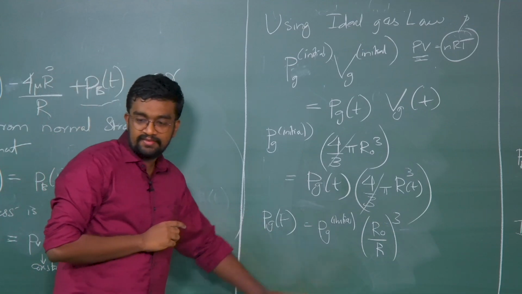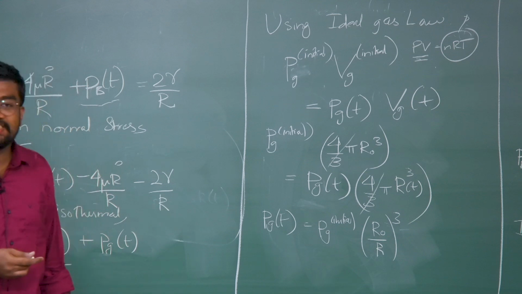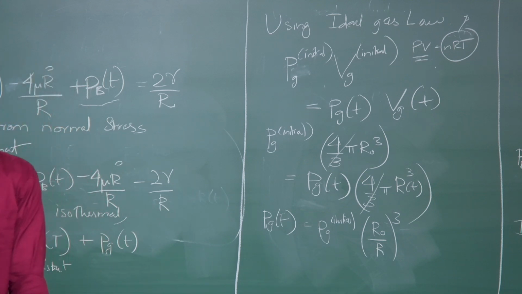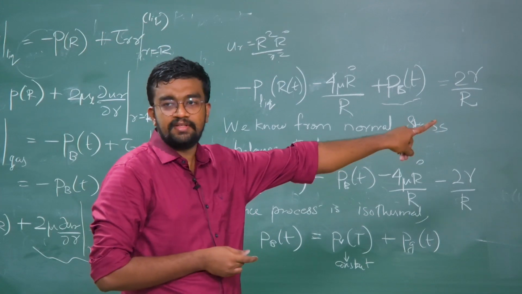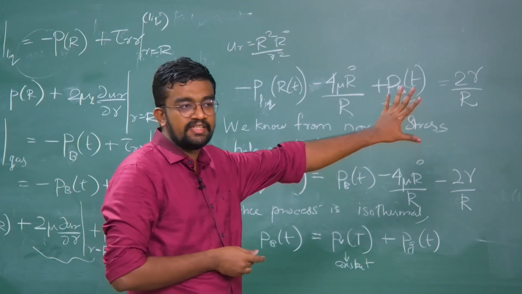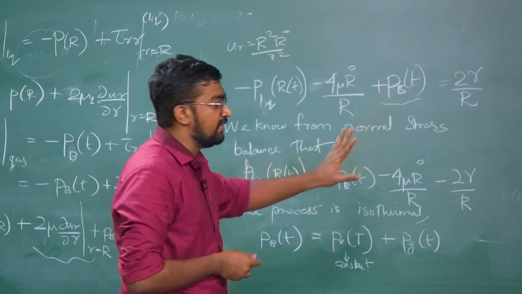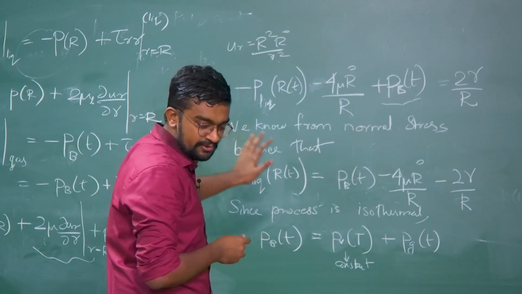Okay. So, what can we do to find Pg initial, the initial gas pressure inside the bubble? How did we find the gas pressure inside? Using normal stress balance. Okay. So, we will do normal stress balance in the initial condition. That is just Young's modulus. Okay.